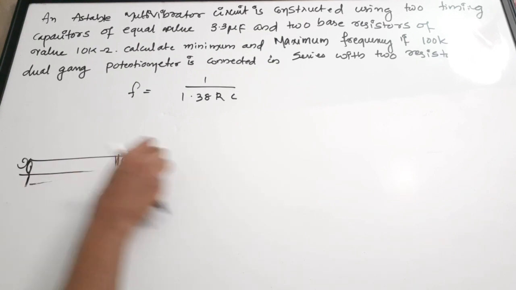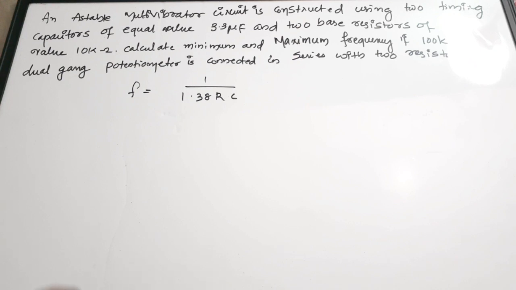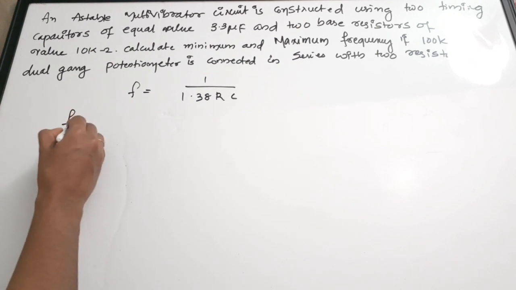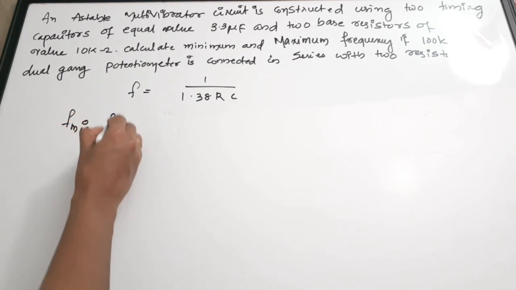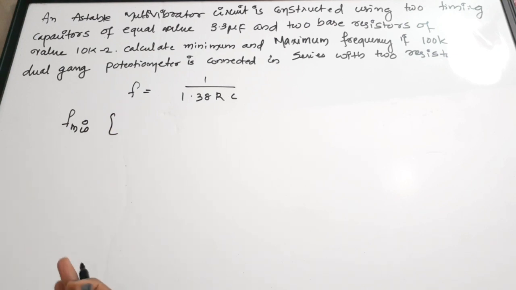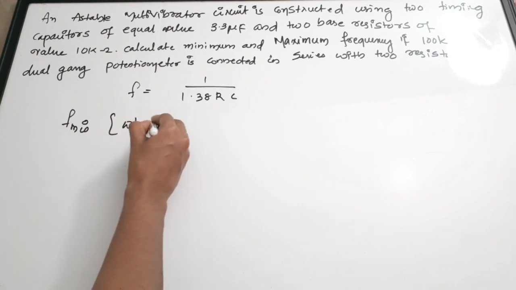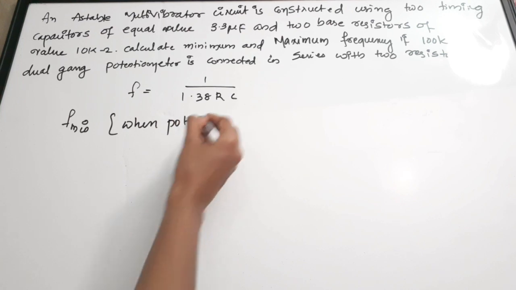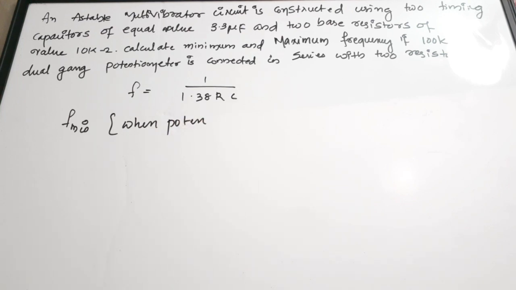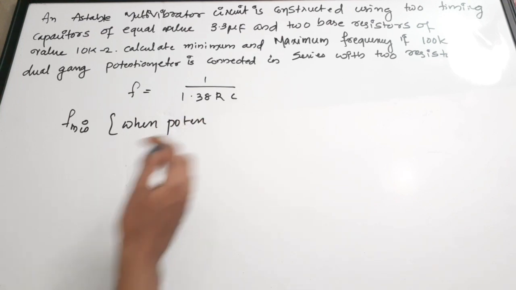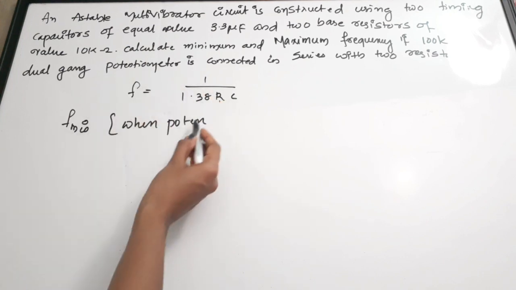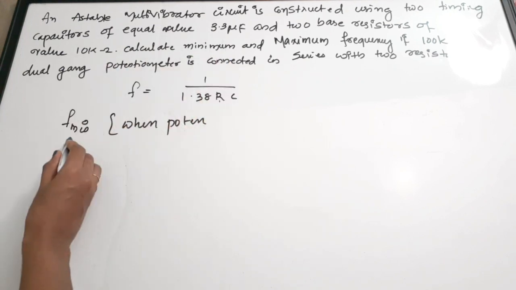So first we are going to find the minimum frequency. We'll call it F minimum, and that is the frequency which we get when the potentiometer is at maximum value. Since R is in the denominator, inverse proportionality: when resistance is maximum, F will be minimum.